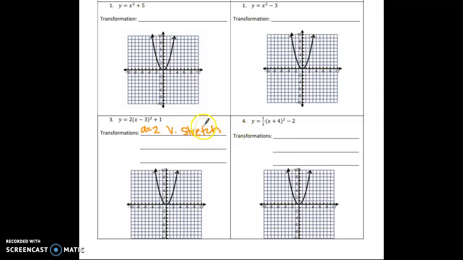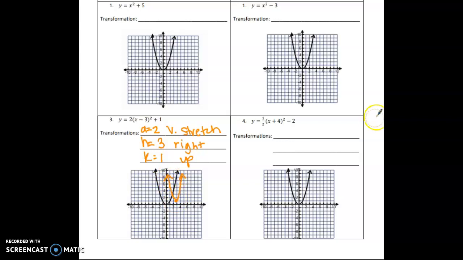So I'm going to be skinny. My H is 3, and that's going to move me to the right. And my K is 1, and that's going to move me up. So I have to be skinny, 3 to the right, 1 up. So I'm going to move my vertex 1, 2, 3, up 1, and then I have to make it skinnier.